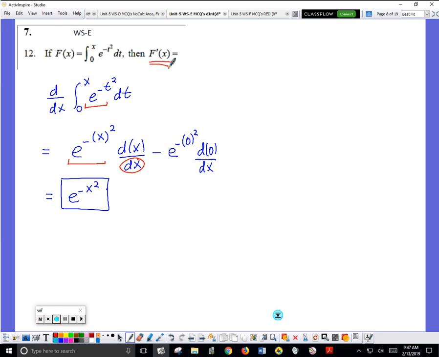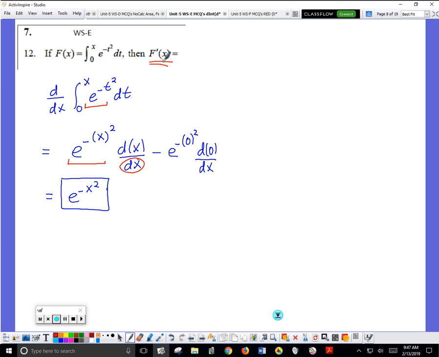You take the derivative with respect to the input variable. So the input variable is x, the variable that we're plugging in. Those are temporary variables of integration. So I'm plugging in for x, that's why it's dx, because it's the input variable. If you knew that, give yourself 2.